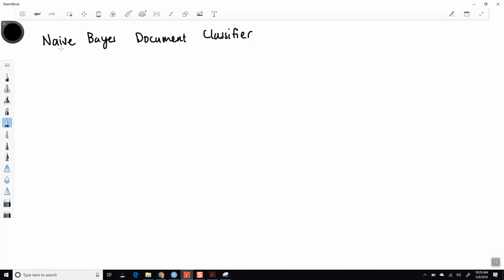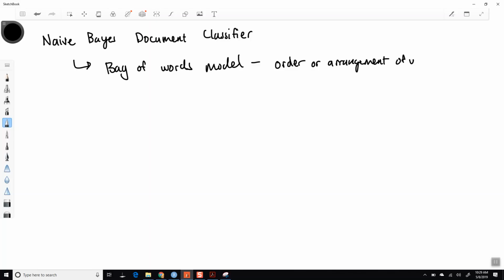So the naive Bayes document classifier uses the bag of words model, which basically says the order or arrangement of words does not matter. Basically only the words and their counts, their frequencies, matter.